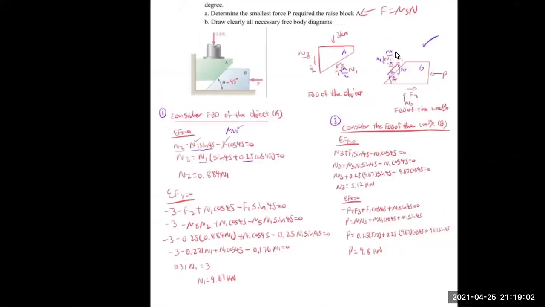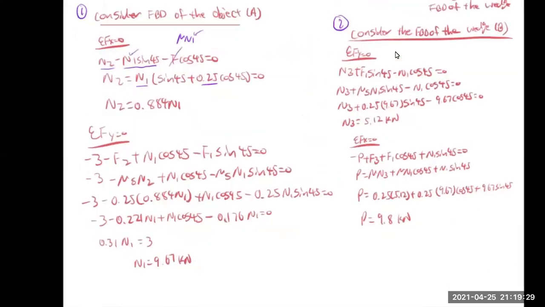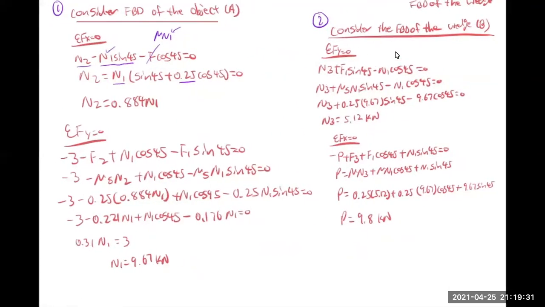And then I do the summation of the forces in the y direction. So in the y direction, I have this 3 kilonewtons going downwards, so negative 3, minus the F2, okay? And then plus the N1 cosine 45, which is the N1y. And then minus the F1 sine 45, which is the F1y. And then basically I'm just breaking F2 and F1 down into mu s N2 and mu s N1, okay?